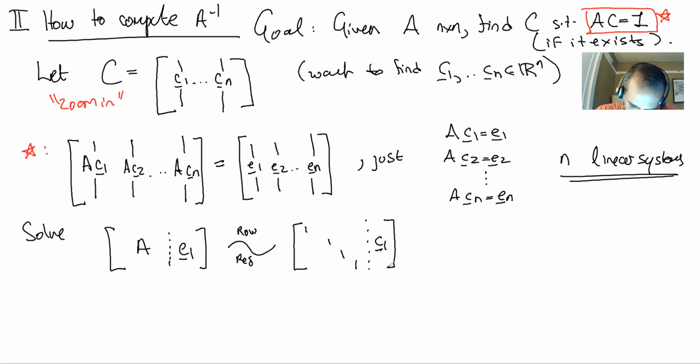But this matrix that's written here, this has a name. This is just the identity. So you get this if invertible, because remember, if it's invertible, the reduced row echelon form is the identity. Otherwise, it's not invertible, right?